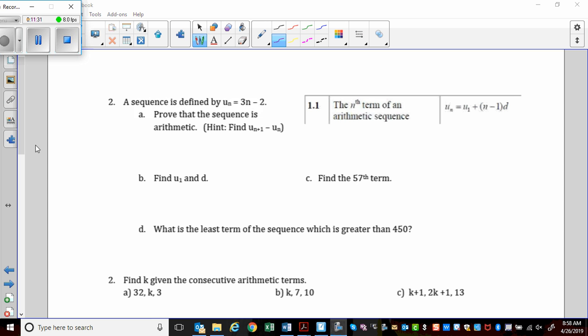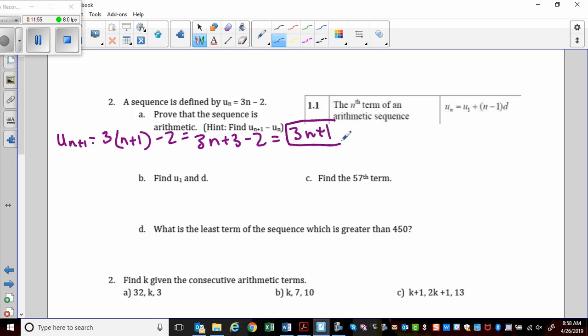So u sub n plus 1 is 3 times n plus 1, so wherever there's an n, we're going to put an n plus 1, minus 2. And that equals 3n plus 3 minus 2. And I'm just going to combine the numbers, and that is equal to 3n plus 1. Okay, this is u sub n plus 1.